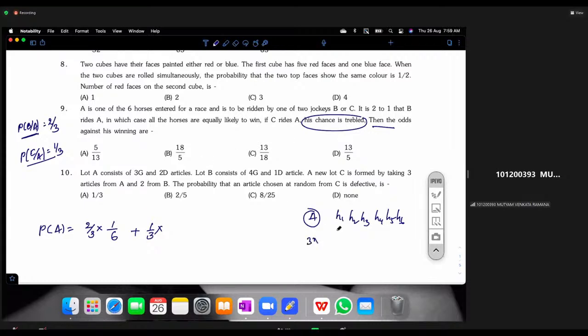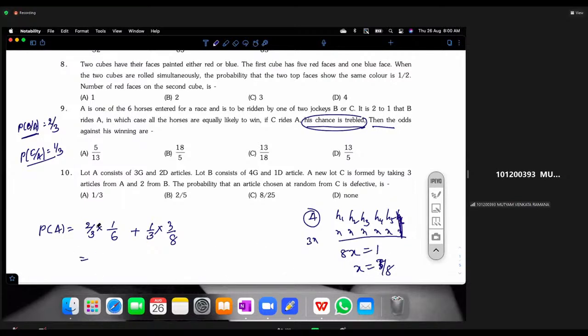So this is 3x, x, x, x, x, x. It is 5x plus 3x, 8x is equal to 1, because one is going to win. x is equal to 1 by 8, so this value will be 3 by 8. One important thing is that chances are tripled, and we need to check what it is compared to.